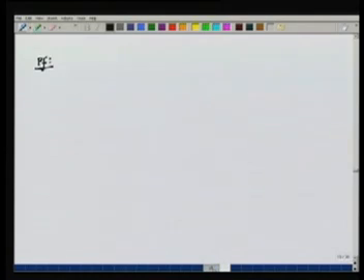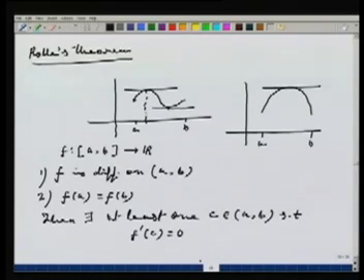let me put in the condition that let us say the function f from AB to R is continuous and it is differentiable in the open interval AB, and at the end points the function takes the same values.